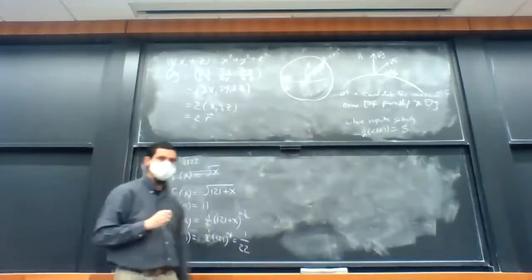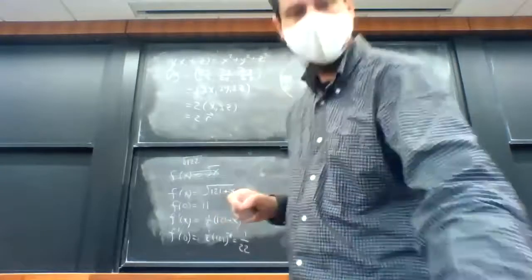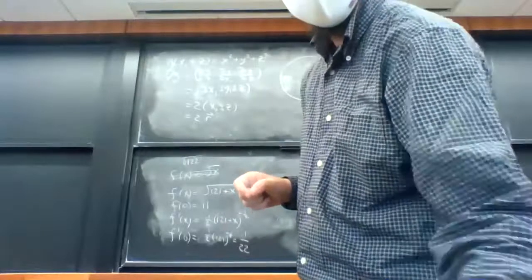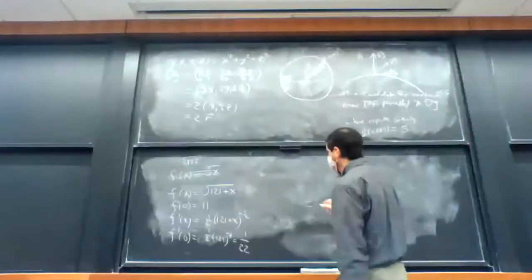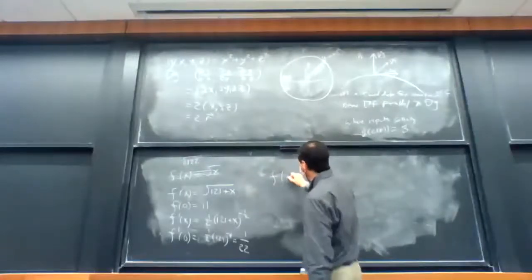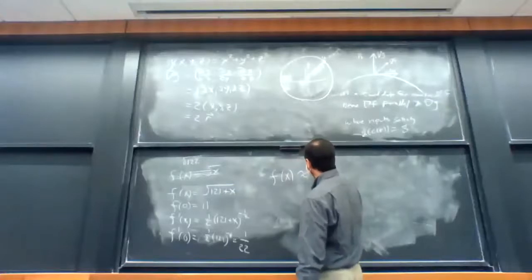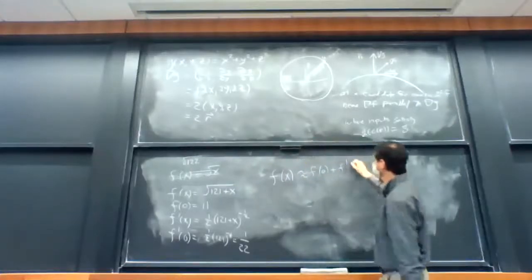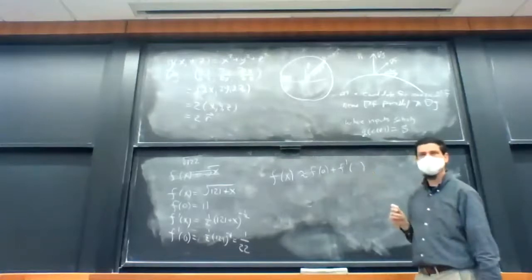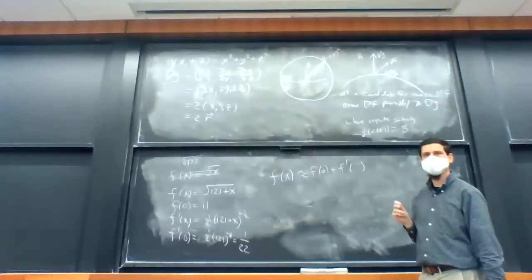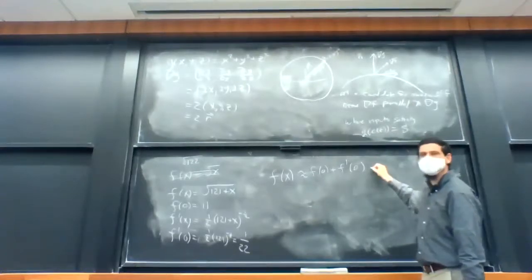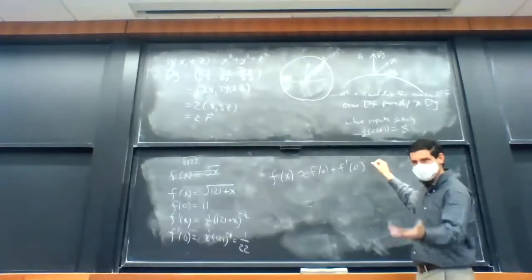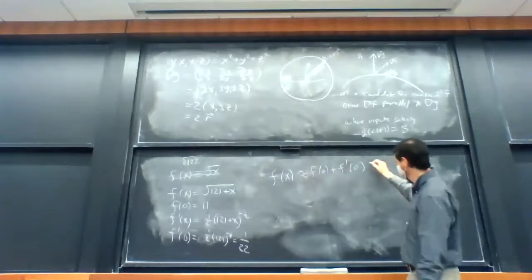Now the idea is to use the tangent line to approximate a function. And so f of x is approximately f of 0 plus f prime of 0 times how far I have to go to get from 0 to x, which is just x.